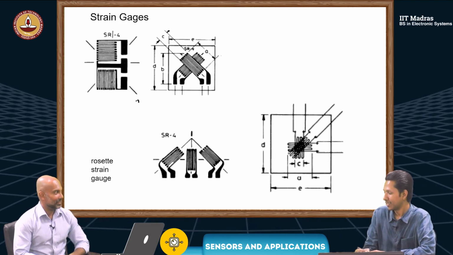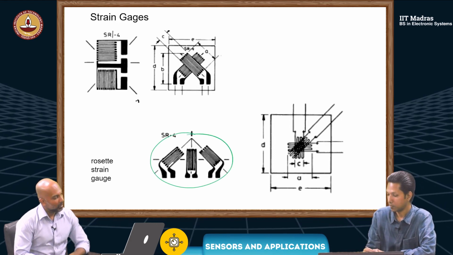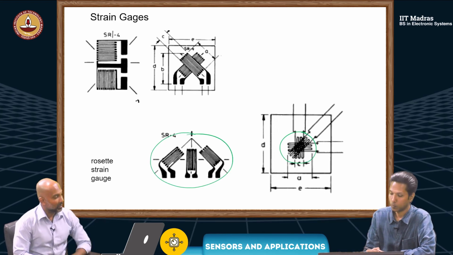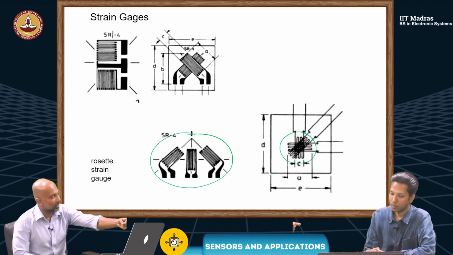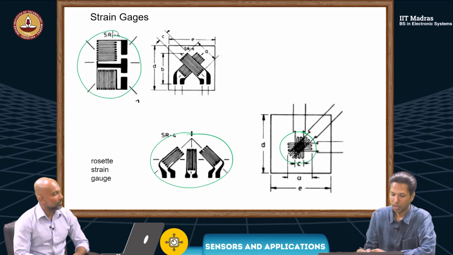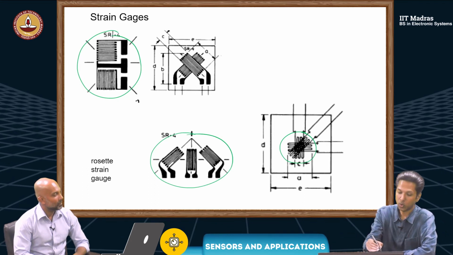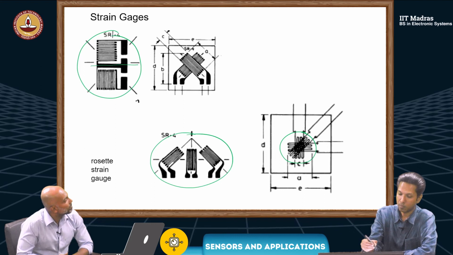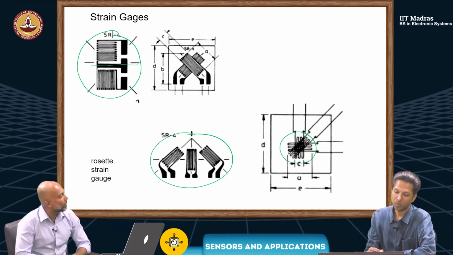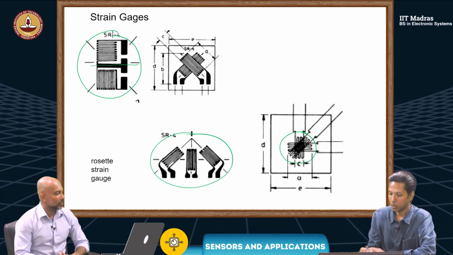The 120 degree I mentioned could be like this. But here, there are 3 separate components. They are not one component like your x and y that you showed before. This is one way to realize it. I could also split it here and have 2 separate strain gauges. It's only one way to fabricate it.